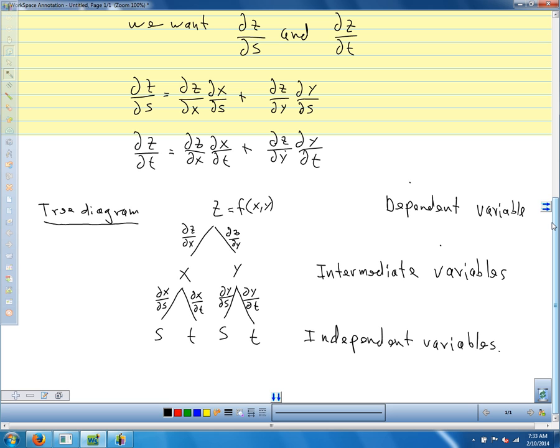So if we have more variables, various other kinds of dependencies, we just expand our tree diagram. We expand our list of partial derivatives to get our chain rule.